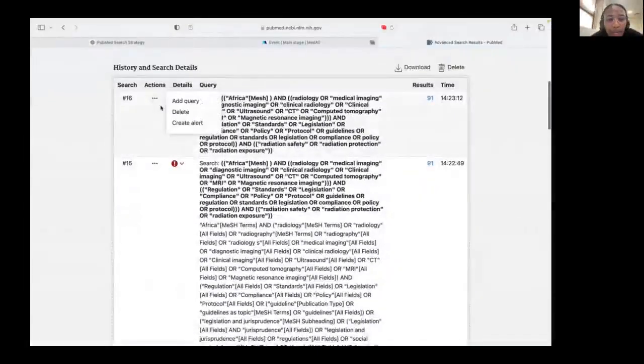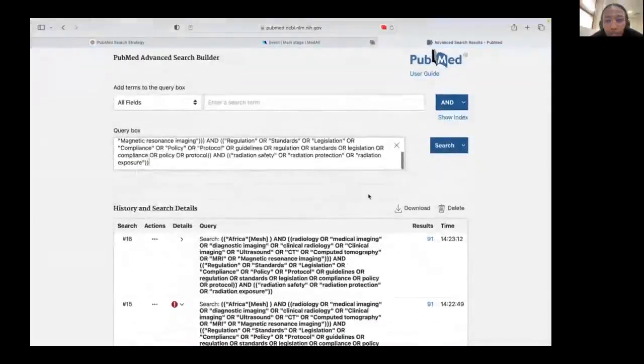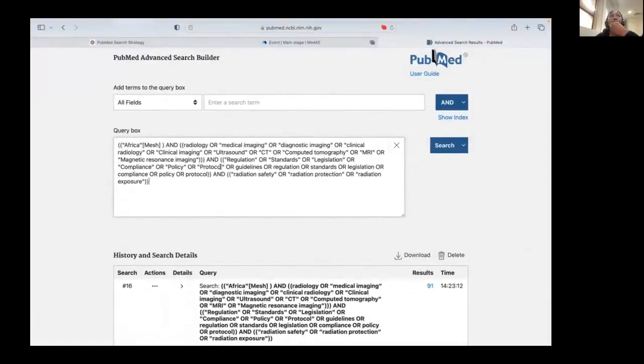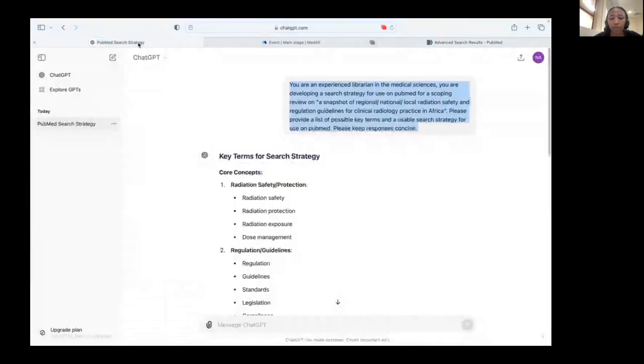And again, the idea is you would try and include as much as you can. The other thing you could do, once you get to this step, is ask ChatGPT to provide a bit more support.